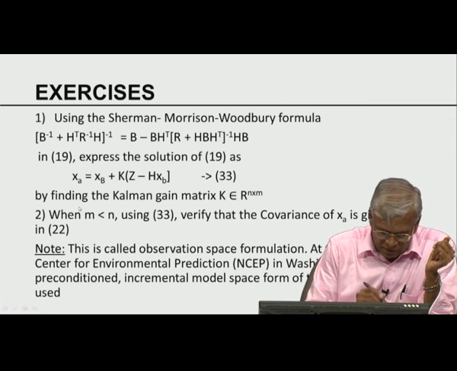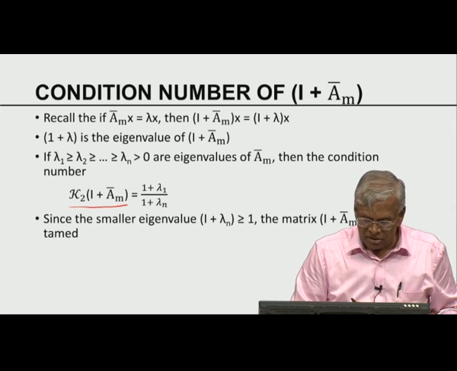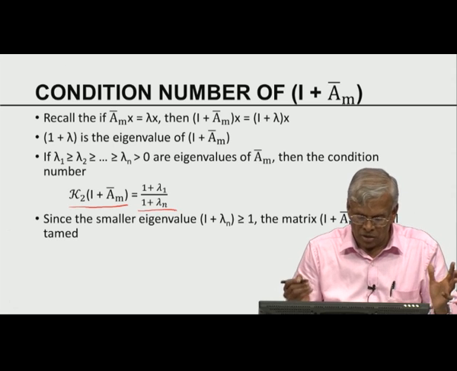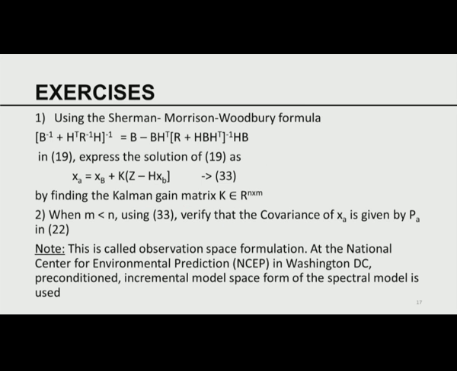So the condition number for the new matrix is this, and the least eigenvalue is always bounded away from 0. So this matrix is well tamed. If this matrix is well tamed, I should not expect any difficulty in numerically trying to compute the solution when I use any meaningful method to solve.